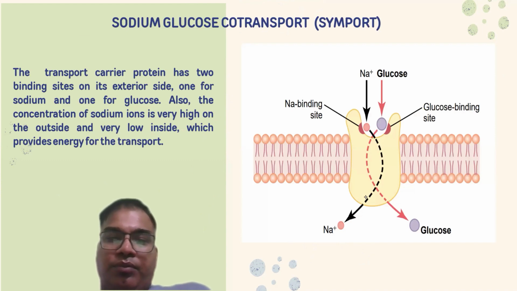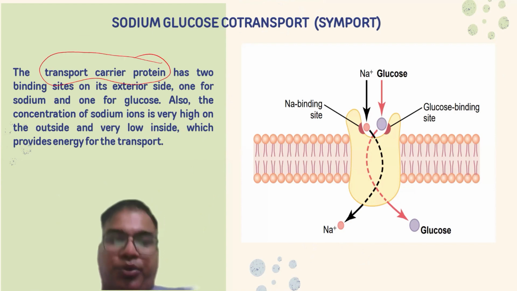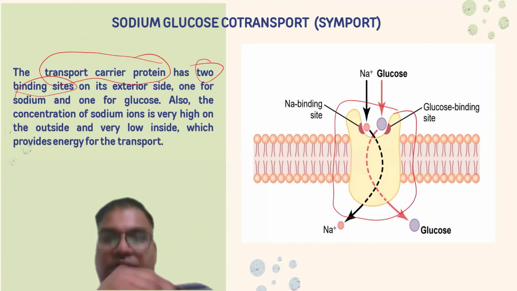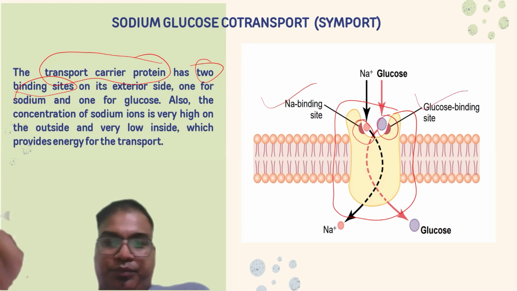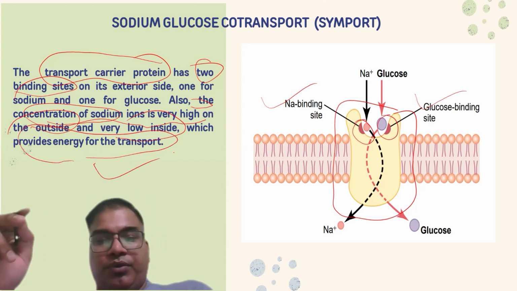So in sodium glucose co-transport, there is a transport carrier protein which has two binding sites. One is the sodium binding site and the other one is the glucose binding site. The concentration of sodium ion is very high on the outside and very low inside, which provides energy for the transport.